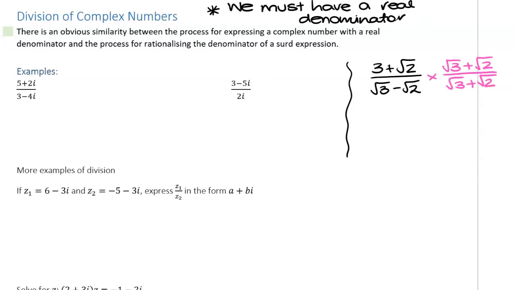So what was the critical thing there is we changed the sign of the term in between the surds at the bottom here. Really important. So we're doing a very similar process when we're dividing with complex numbers. What we're going to do is look at our denominator and multiply the numerator and denominator by the conjugate of that. So 3 plus 4i, 3 plus 4i.